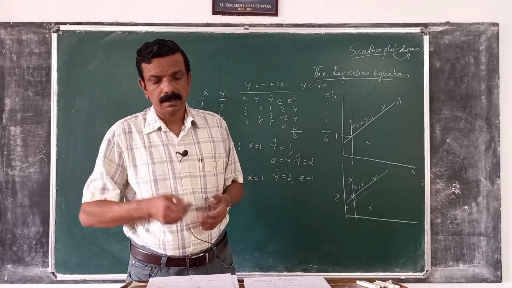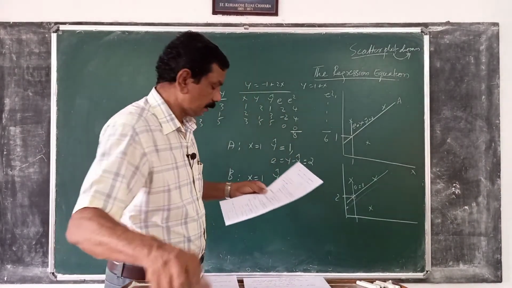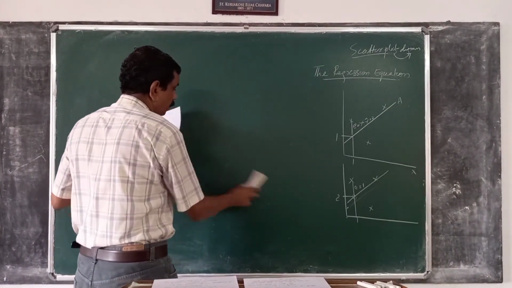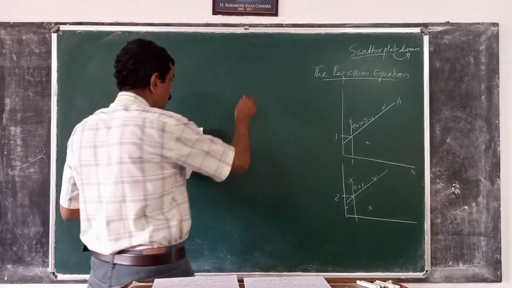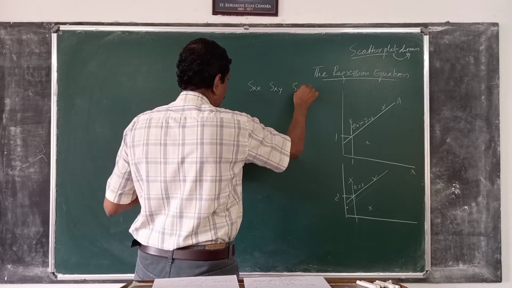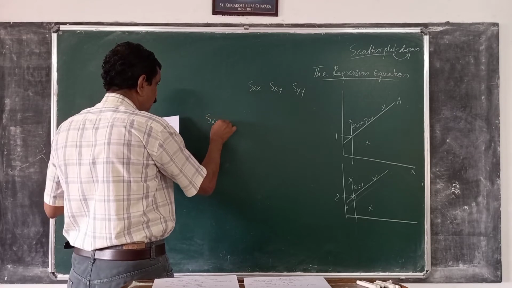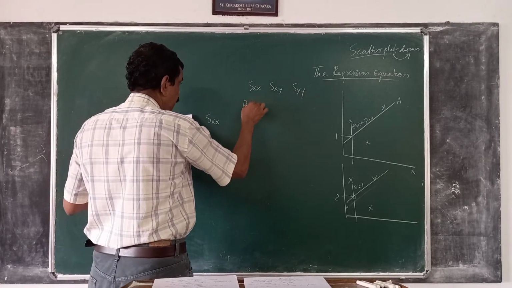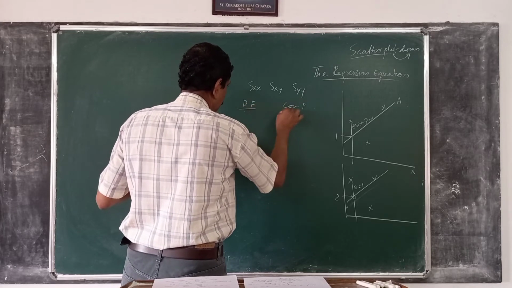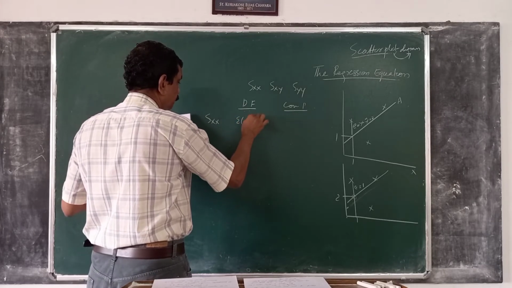And to determine the regression equation, we define a few quantities. These quantities were defined earlier. We have defined 3 quantities: Sxx, Sxy, Syy. Now, what is Sxx? The defining formula and also the computing formula, as we have seen earlier. This is sigma (xi minus x bar) square.